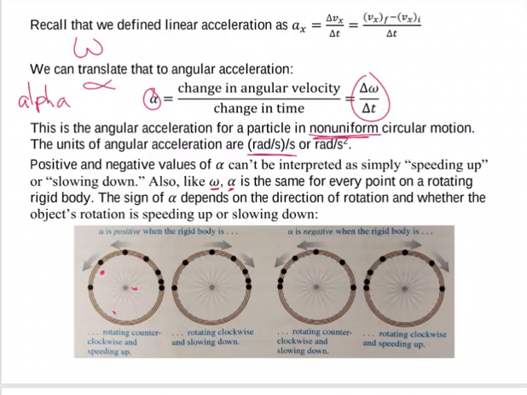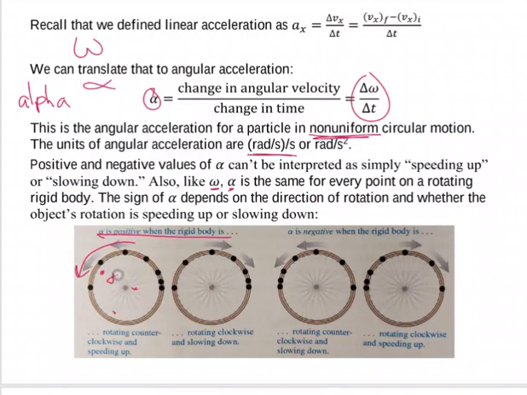The sign for alpha depends on the direction of rotation and whether the object's rotation is speeding up or slowing down. In this case, alpha is positive when the rigid body, notice that omega is this way, is rotating counterclockwise and speeding up.